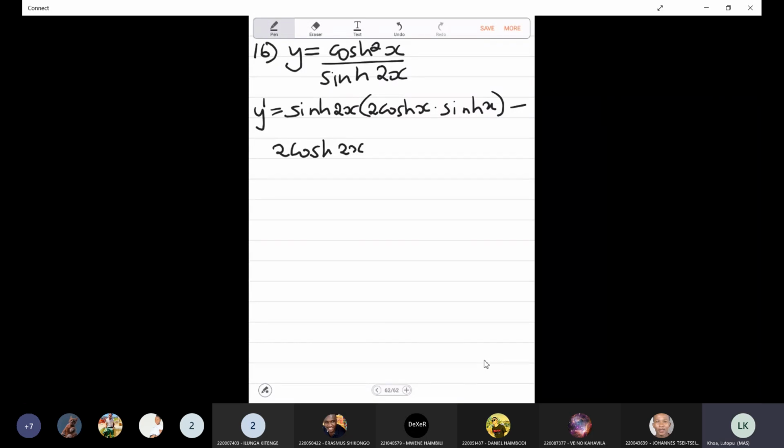Derivative is cos here, and then multiplied by the numerator as it is. Okay, so this is all over the denominator squared. Okay, let's just see the numerator.